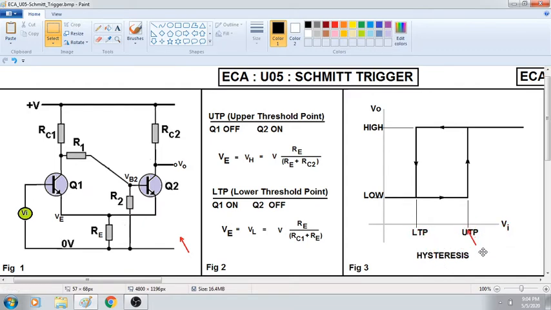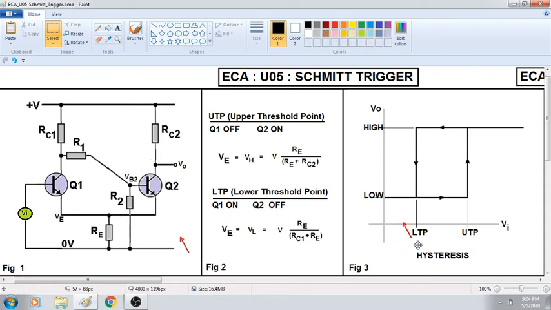This is called some reference. This is only a reference. Okay, now let us see how this circuit will behave based on hysteresis. Now let us imagine that the input voltage is at 0 and it is increasing slowly from 0.